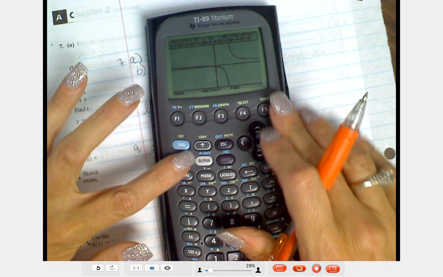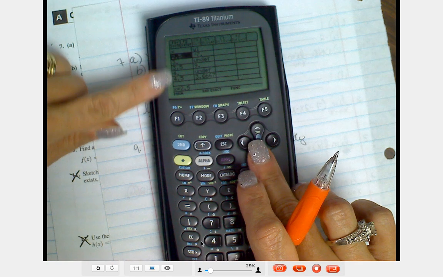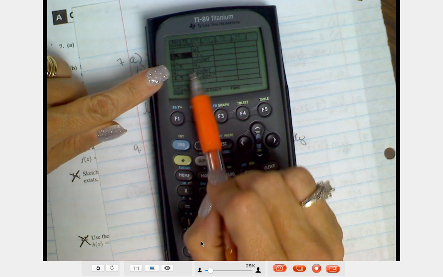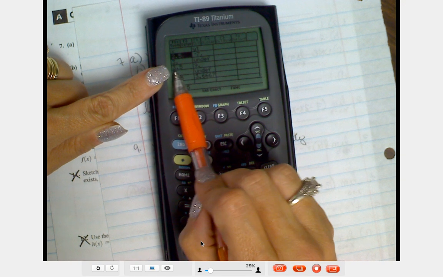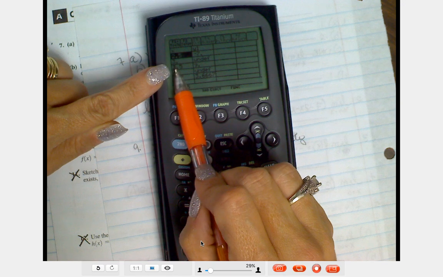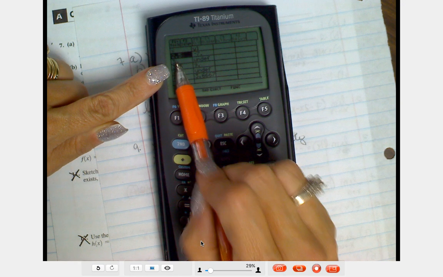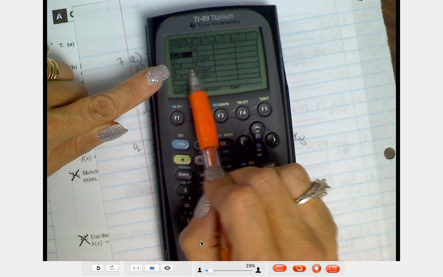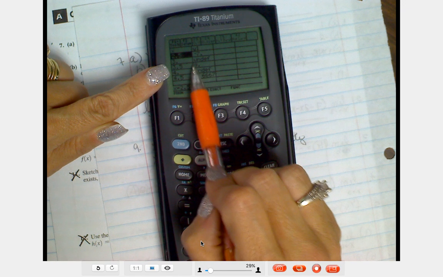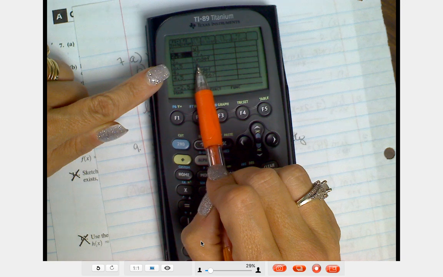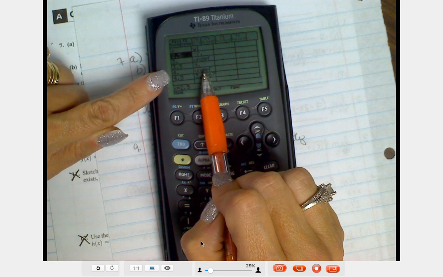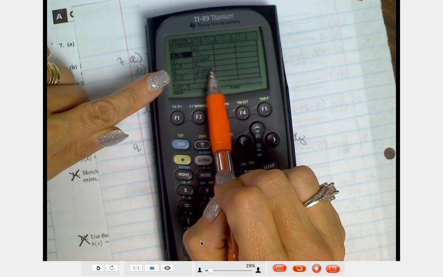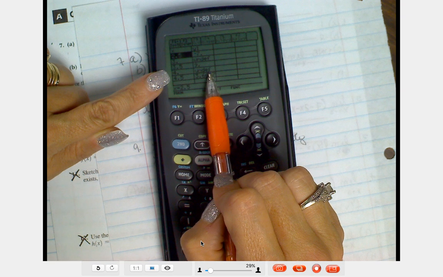You can even see on my table I have it going up by 0.5s, so I know there was something between the 3 and the 4. If you're just going up by 1s, 3 to 4, you'll see undefined, undefined. But I have mine so that I see there's some part of the graph between 3 and 4, and then from 4 on, so that tells me that there is a hole.